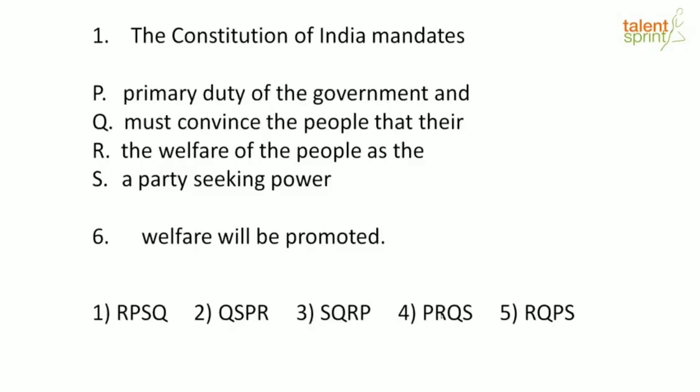The first one that we have is "The Constitution of India mandates." So that's the topic part that is given to us, and then the parts in between, P, Q, R and S, are jumbled, and then we have the closing part, "welfare will be promoted." Now there are various strategies that you can apply to a pattern like this.